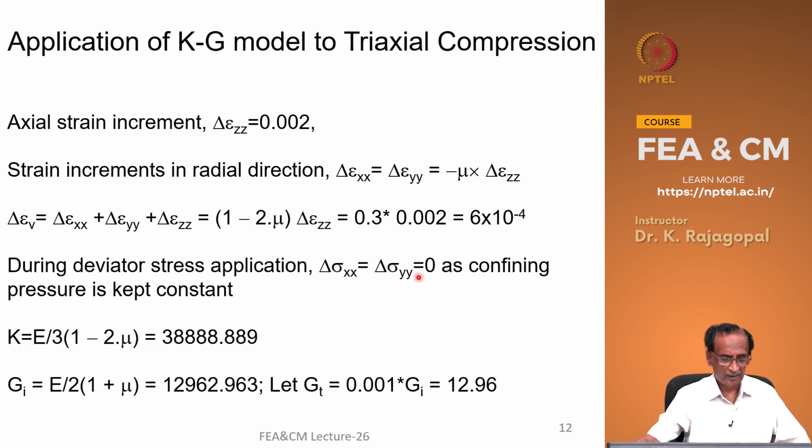Our initial bulk modulus is E by 3 times 1 minus 2 nu, that is 38,888.89, and our initial shear modulus is E by 2 times 1 plus mu, that is 12,962.96. Let us say that the tangent shear modulus after exceeding the yield limit is 0.001 times Gi, that is 12.96.